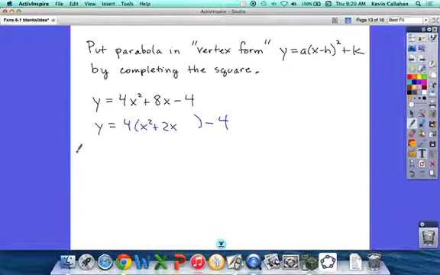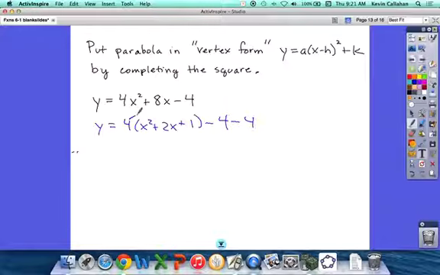All right, now I got to complete the square on what's inside the parentheses. What goes in that third spot? Half of 2 is 1. 1 squared is 1, right? Okay, what do I do to balance out the fact that I just added 1? You don't subtract 1, because that 1 is inside parentheses and it's being multiplied by 4. It's like you added 4. So at the end, you have to subtract 4.